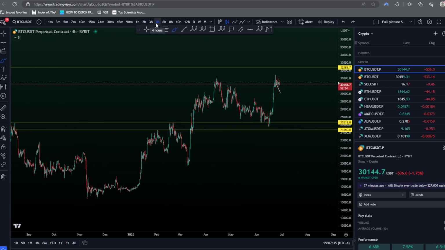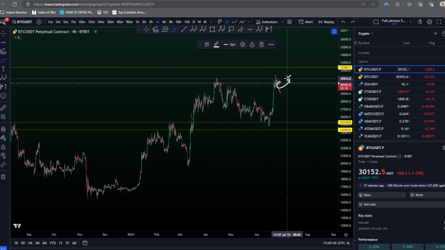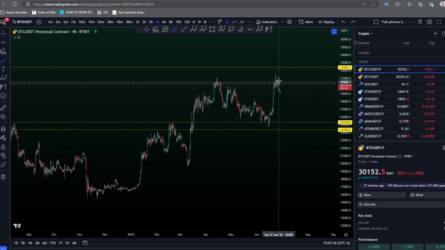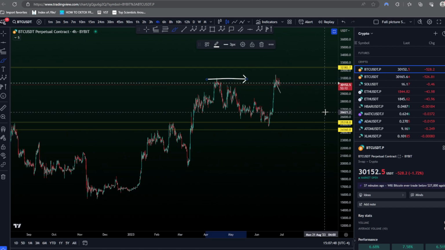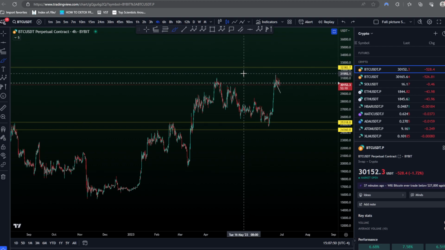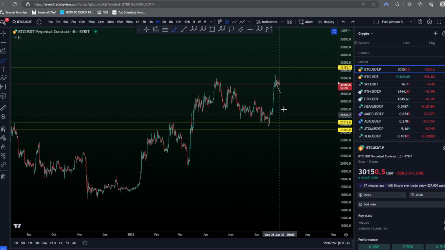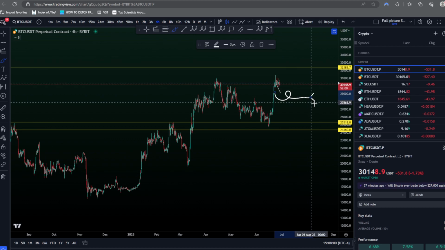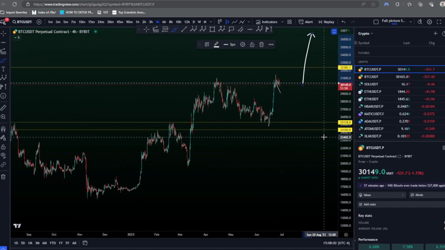Starting off on the 4-hour chart for Bitcoin. Currently we're right here after this big run up, a huge impulsive wave that actually took out this high here. Now the question is, and this is the only question in my opinion, are we going to see a correction into this liquidity and a continuation to the upside?